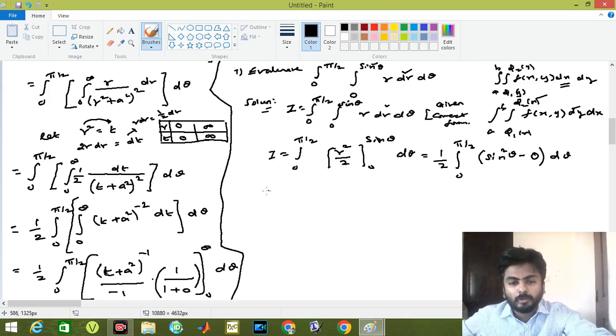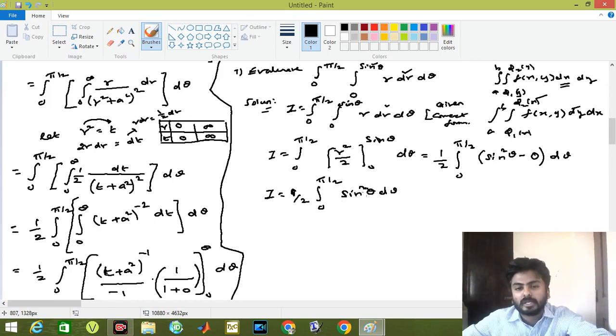So now you will have I equal to 1 by 2 integral 0 to pi by 2 sin square theta d theta, okay. So how to integrate this? There is no need to integrate because you already have the formula.